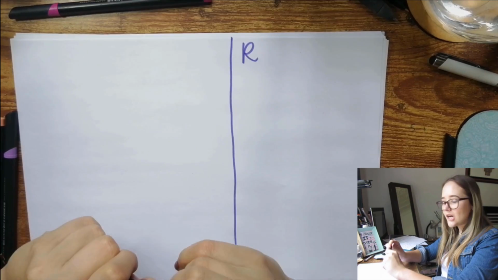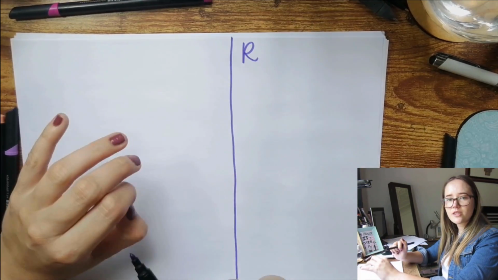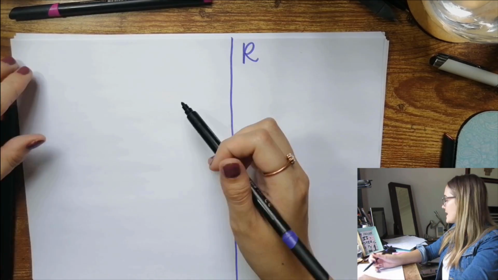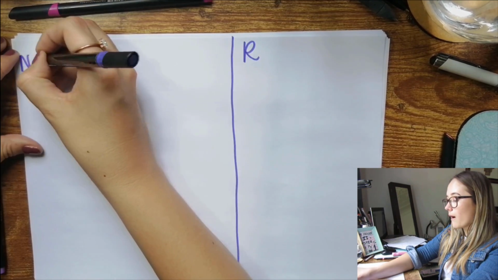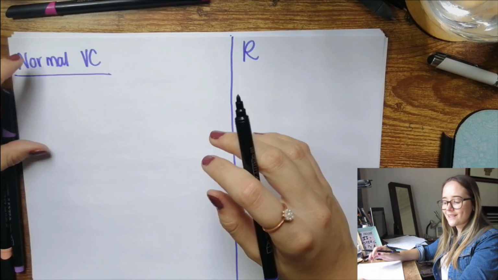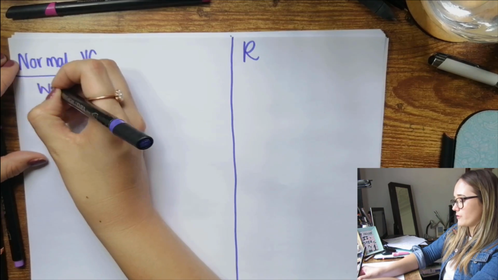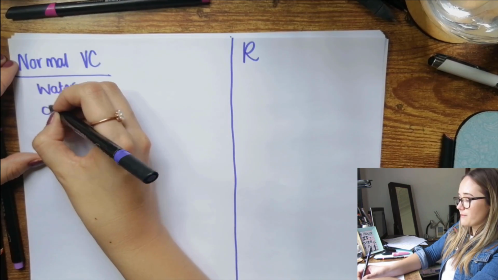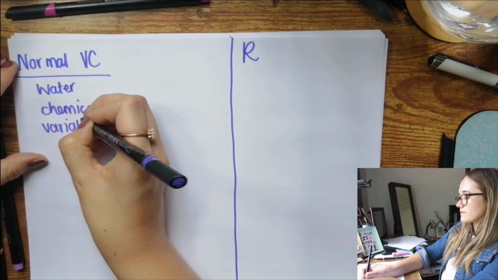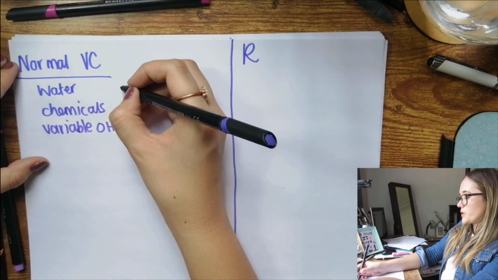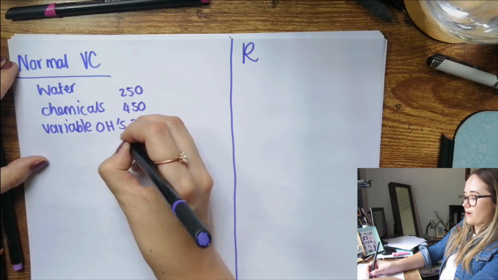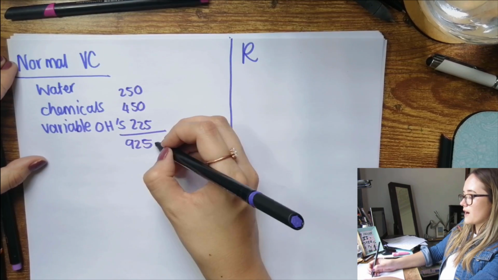Right, so if we jump into answering the question, firstly I'm making just a column to put in all my rand figures just to make it a bit easier exam technique wise. Then I'll first put in all my normal variable costs that didn't change drastically, so it's just your normal variable costs. It would have been your water, your chemicals, and your variable portion of your overheads, which is 250 per unit, 450 per unit, and 225 per unit, which gives you 925 per unit.